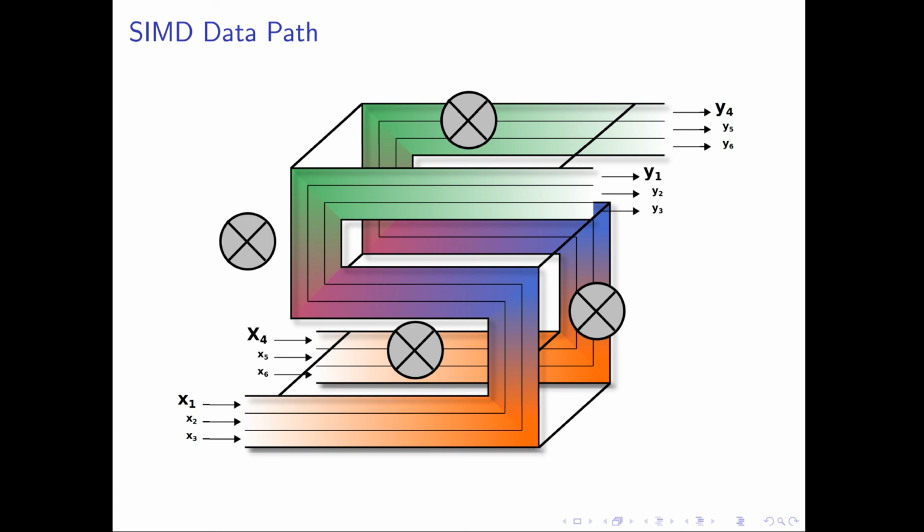We also saw how we can make use of instruction level parallelism by pipelining those instructions, and we will now see a parallelization technique that also happens on the hardware level, but that happens on the register level.